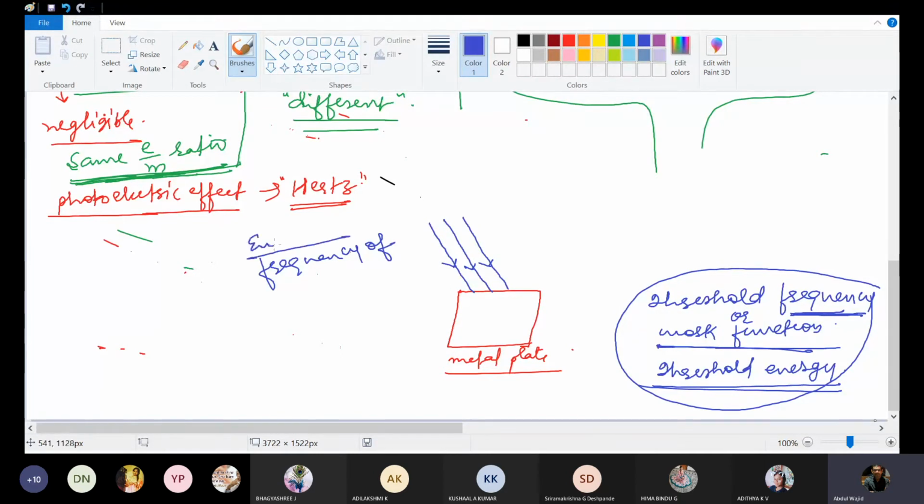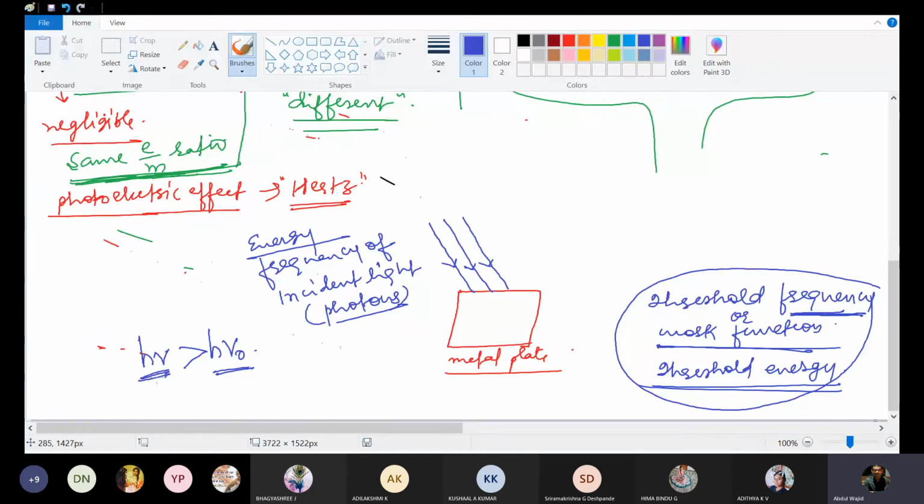The energy or frequency of the incident light, that is photons, must be greater than the threshold frequency or threshold energy of the metal. This is the threshold energy of the metal, and this is the energy of the incident light.